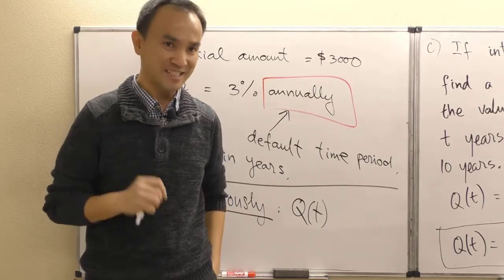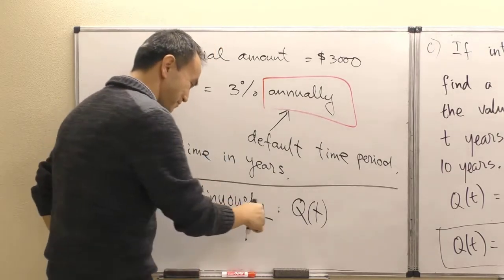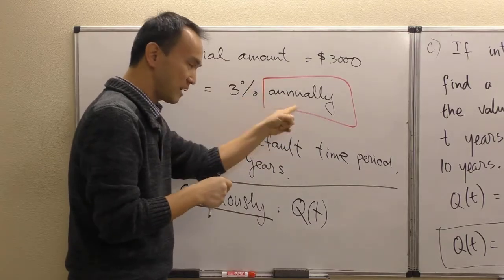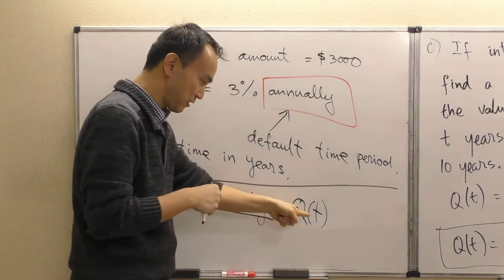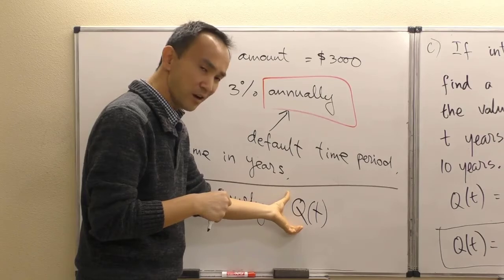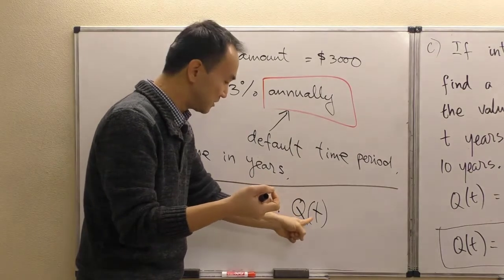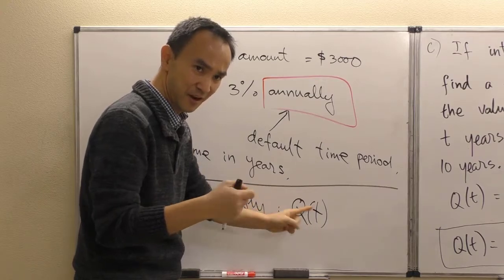Okay, and that's the idea right there. So now for this particular problem, again, the default time is in years. So Q of t is the quantity or the future value in t years. Okay, the value in t years.